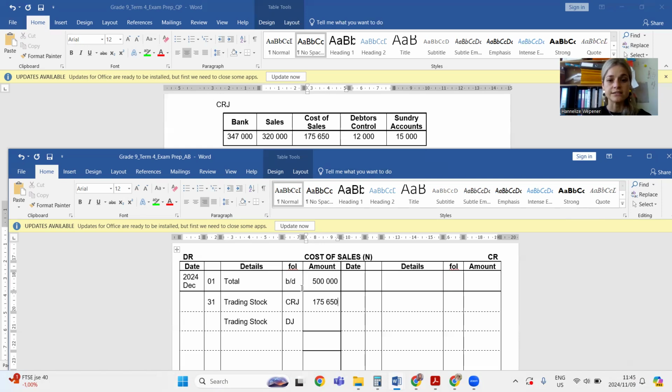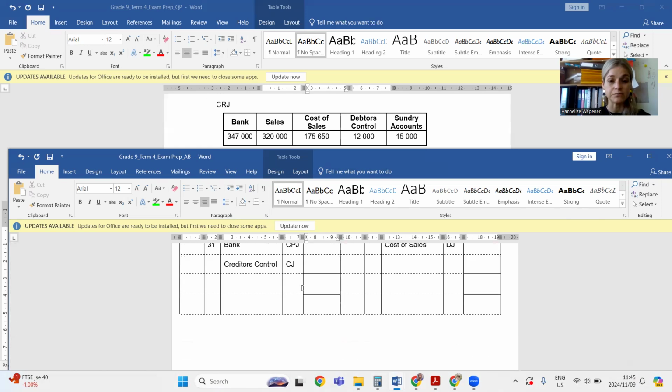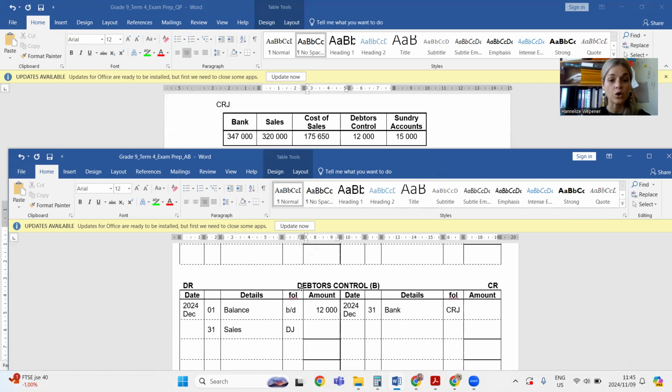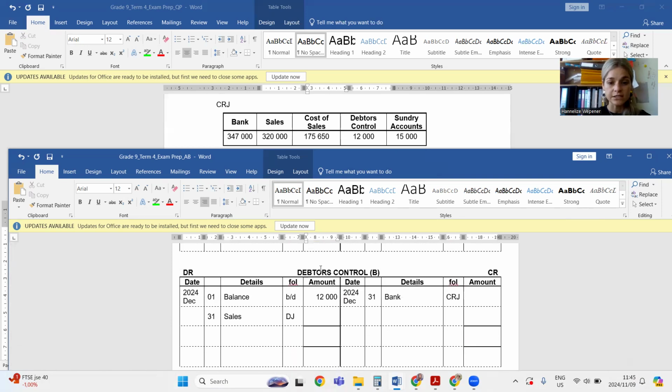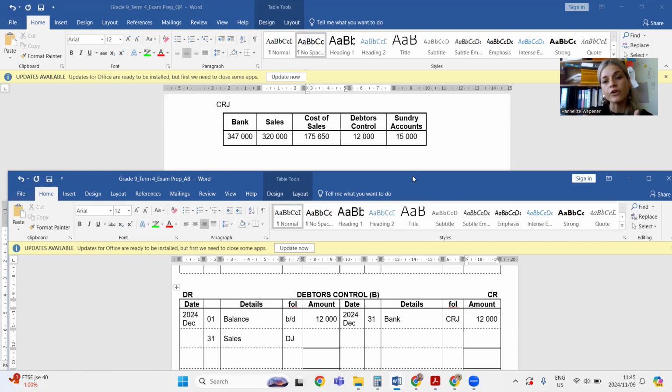This expense is now more because of the trading stock that I sold. Then debtors control in the CRJ means that I received money from my debtors, so they now owe me less. So I go to debtors control, I indicate that it is now decreasing because I received money as recorded in the CRJ, 12,000. Next up, we have sundry accounts. If I want you to post anything from the sundry accounts, I have to give you the details within that account.